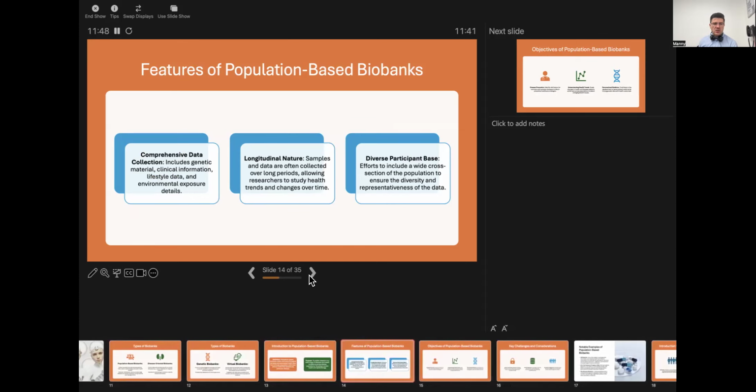So they may include genetic material, clinical information, lifestyle data, environmental exposure in a longitudinal manner. So what's a longitudinal study? Exactly. So at repeated time scales.